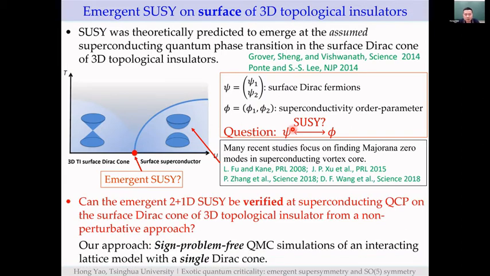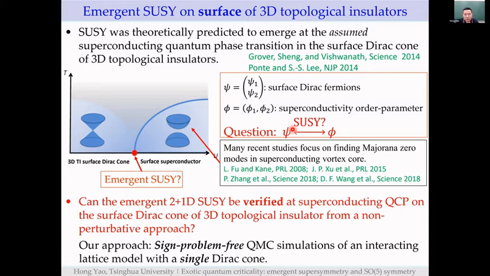The question we would like to ask is, can this kind of SUSY, proposed theoretically at the superconducting quantum critical point on the surface Dirac cone of a 3D topological insulator, be verified from a non-perturbative approach, such as sign problem-free quantum Monte Carlo simulation?